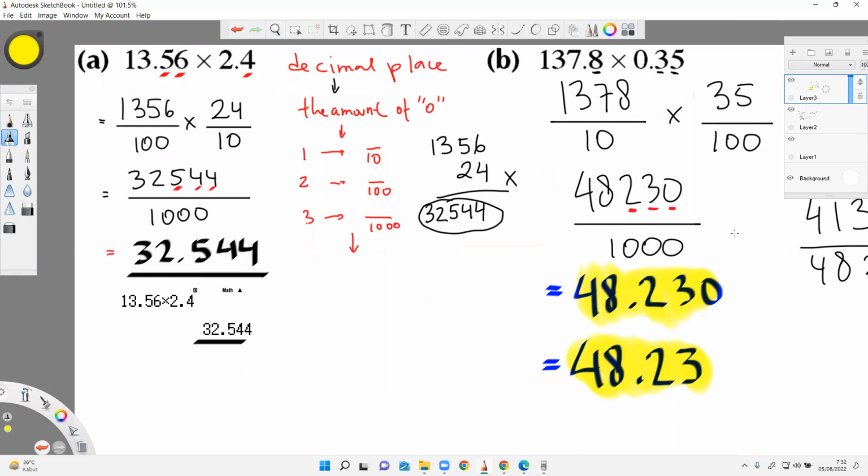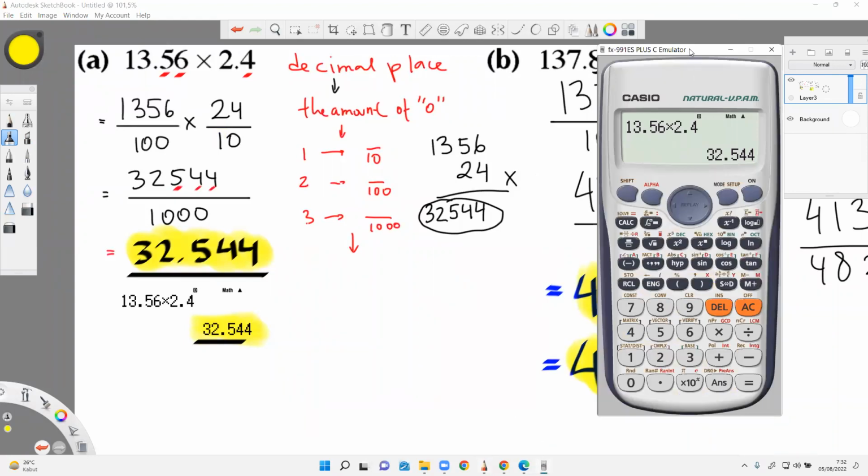So you might think of the 0 on the right side of the decimals in the 3rd chapter. For now, we skip it first. If you want to check the answer, you might go to the calculator. Okay, let's prove.